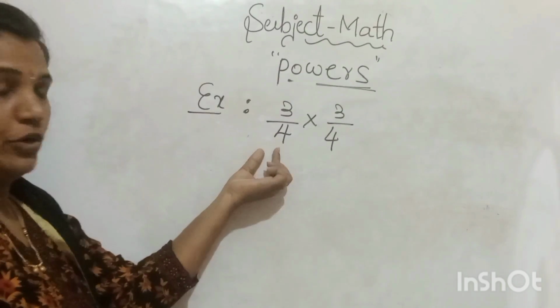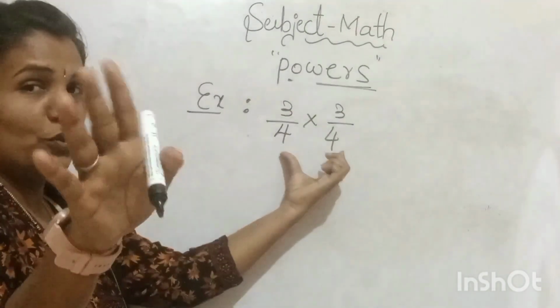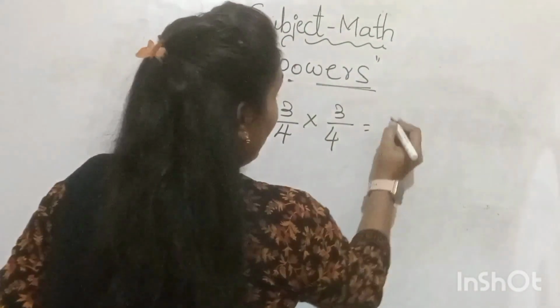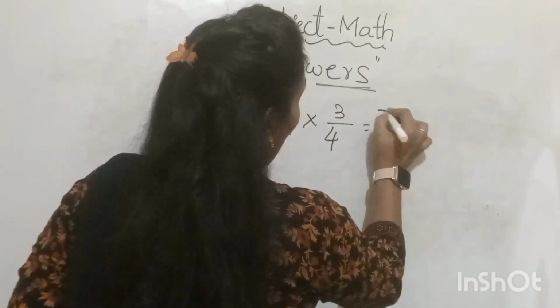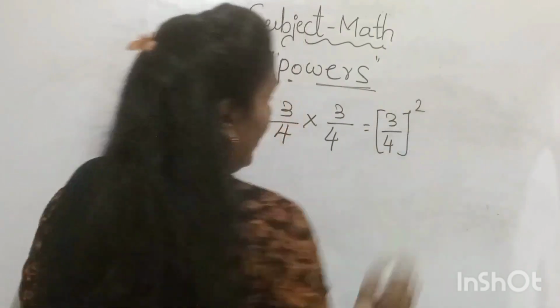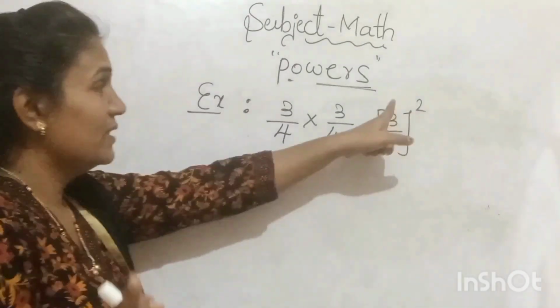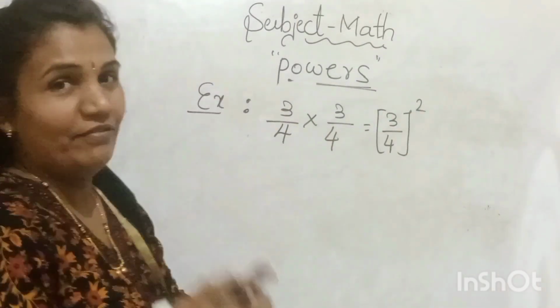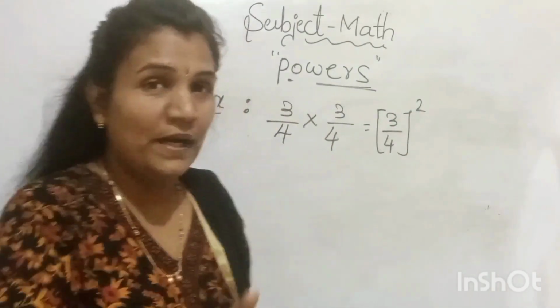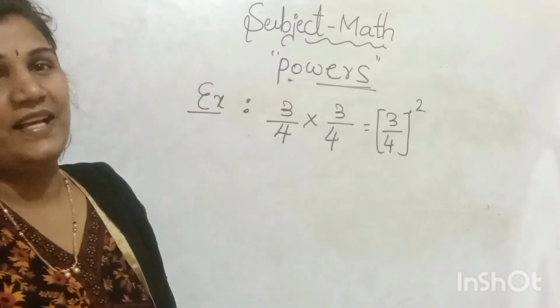Here 3 by 4 is multiplied 2 times, so I'll write it as 3 by 4 squared, because 3 by 4 is multiplied by itself twice.